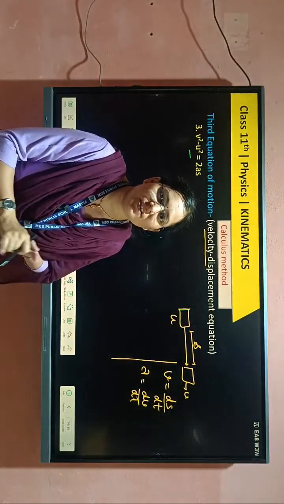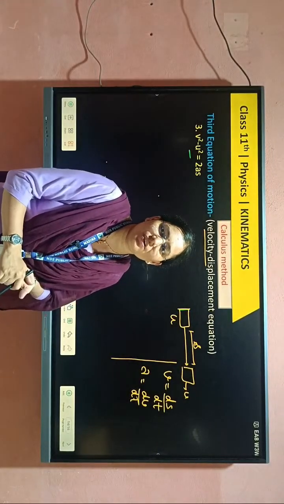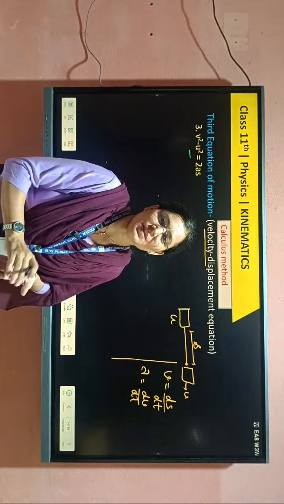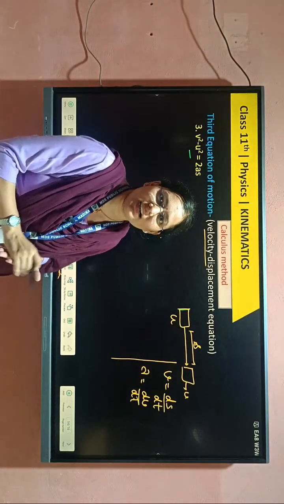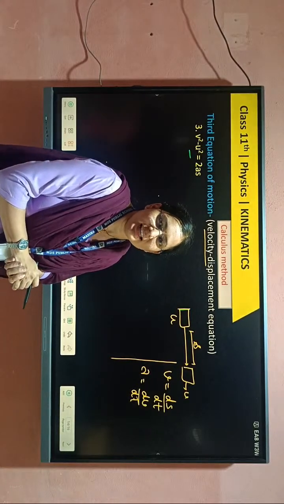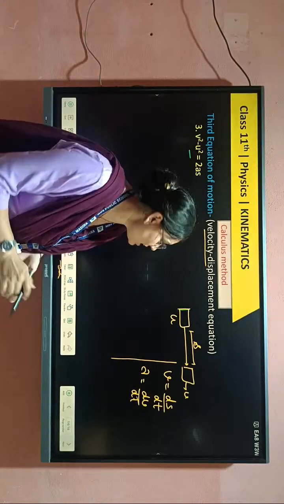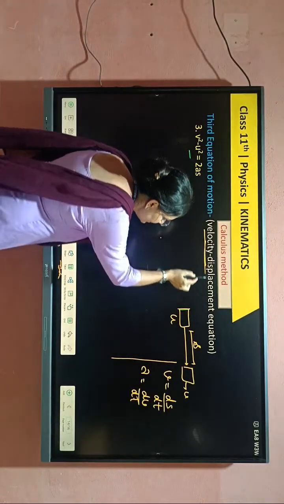For the first equation, the velocity-time equation, we used instantaneous acceleration. Second, we discussed s equals ut plus half at square, the displacement-time equation. Now next is the velocity-displacement equation.